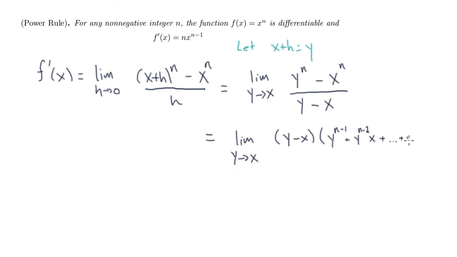So eventually we're going to have y times x to the n minus 2 plus x to the n minus 1. Okay? And then all of this is divided by y minus x.